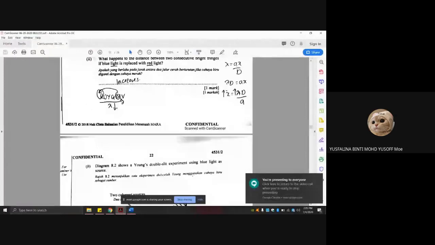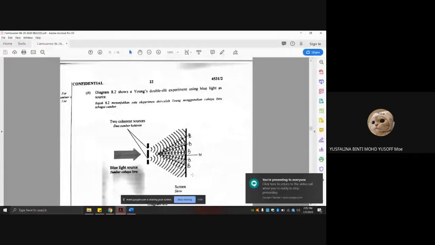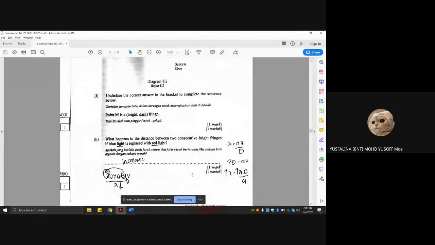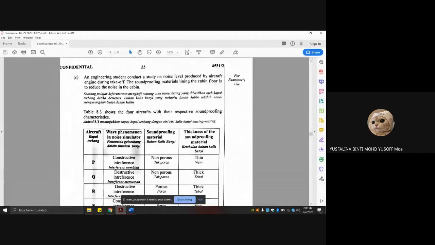Let's move to another question for B. I do this first. Right. An engineering student conducts a study on noise level produced by aircraft engine during takeoff. The soundproofing materials lining the cabin floor reduce the noise in the cabin.